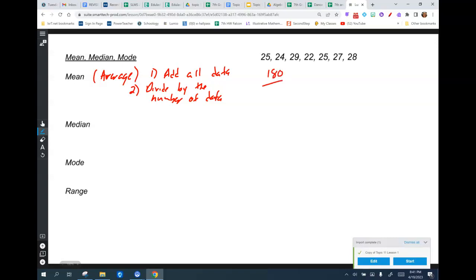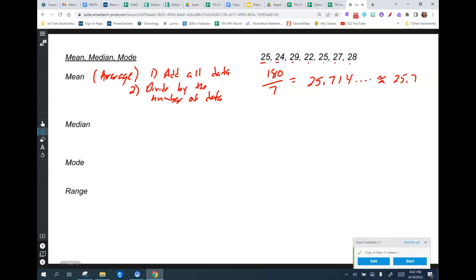And then you divide by 1, 2, 3, 4, 5, 6, 7. You divide by 7. And you get 25.714 and so on. So your average is approximately 25.7, we'll say. Okay, so that's how I find the average.